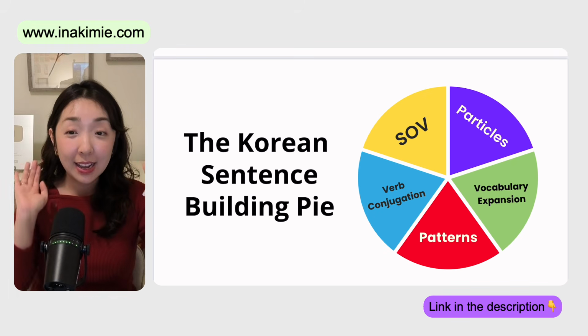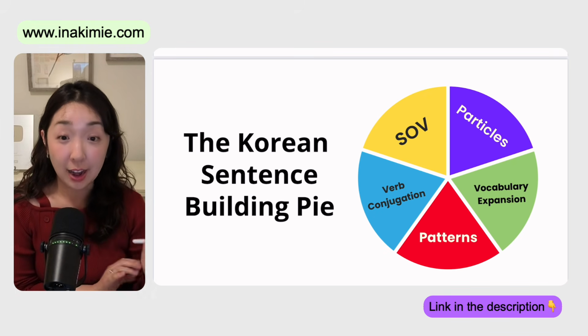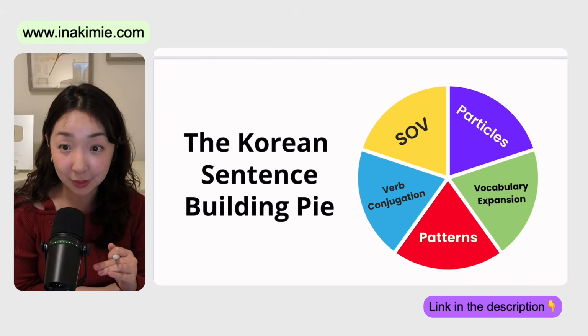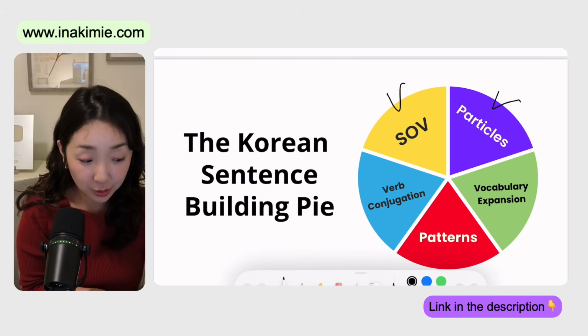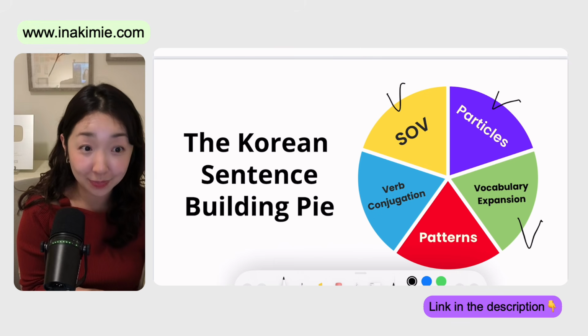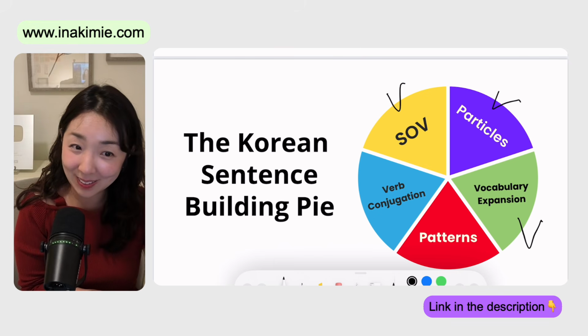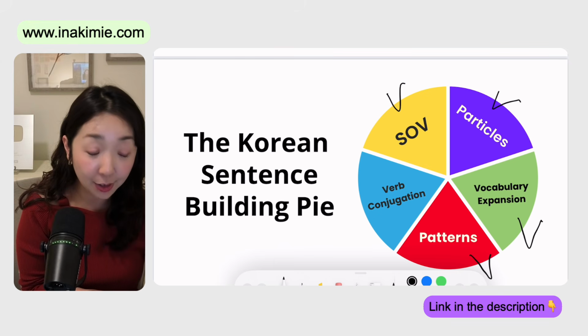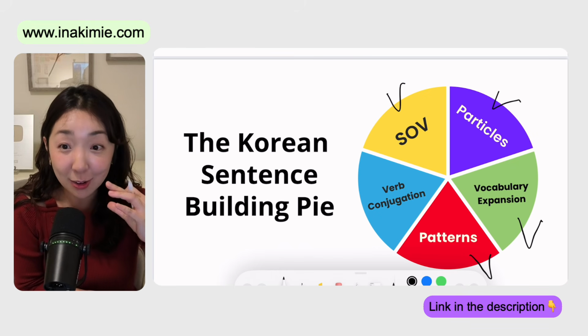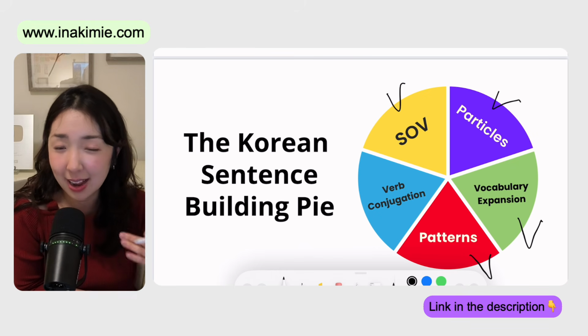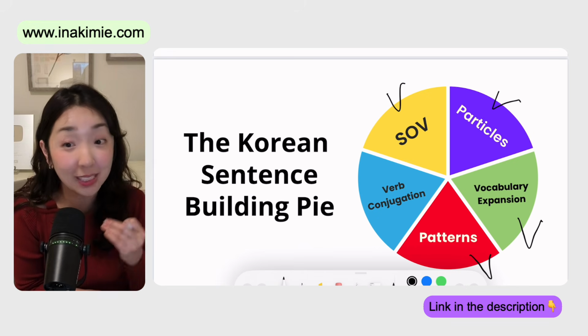And now, to see the big picture of how to make sentences in Korean, you will need your sentence structure, you will need particles. Of course, you need your vocab. That's why I was saying, how do you say that in Korean? And then we need patterns to say what you really need, like expressions, like I can't do it, don't do something, something like that.